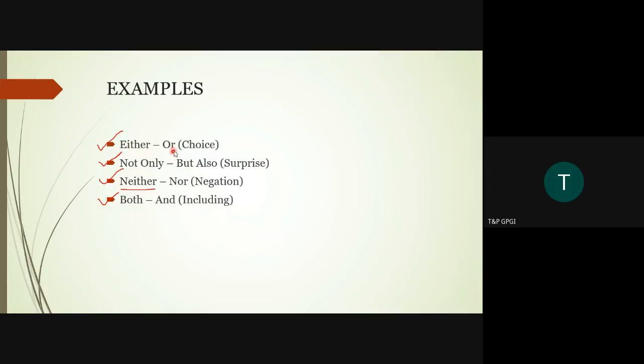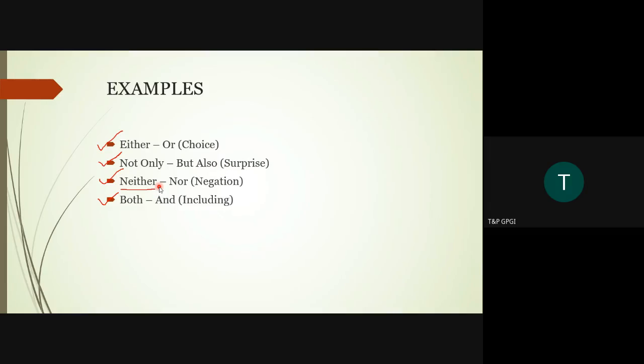Okay, the second one is, not only did it smell, but it also tastes bad. Not only did it smell, but it also tastes bad. Okay, I'm very surprised at my food. Okay, I was very surprised over there. Okay, how did this happen?